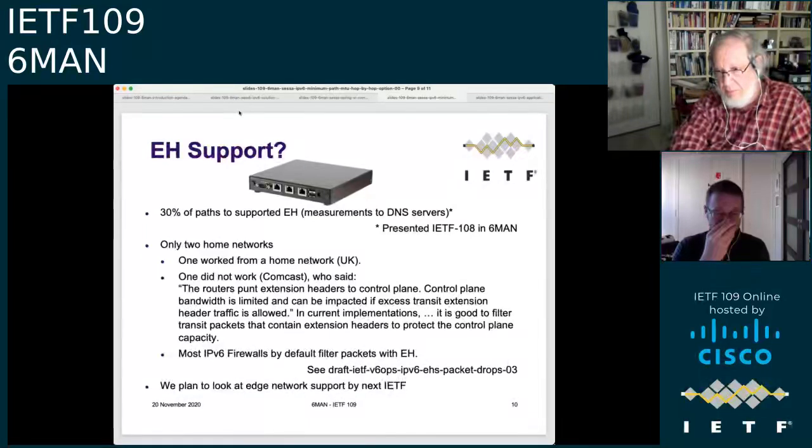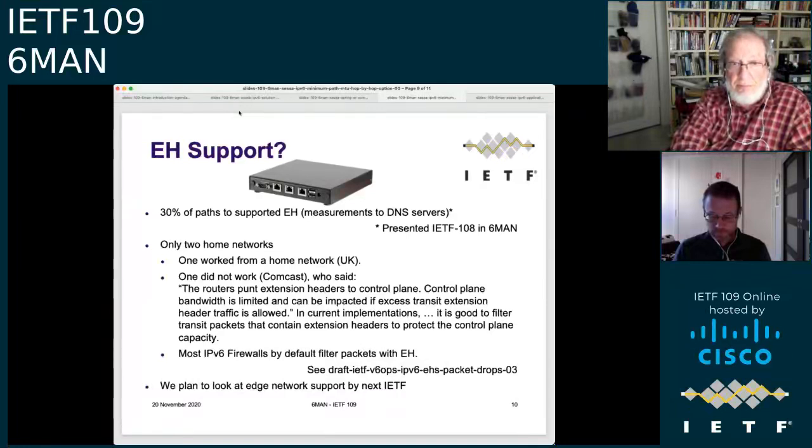And of those paths, about 30% of the paths supported the extension header. Again, it's not bad news. It's probably an expected piece of news. We probably want more data to other types of servers. We presented that data last IETF. So for next IETF, we'll have a better set of data.